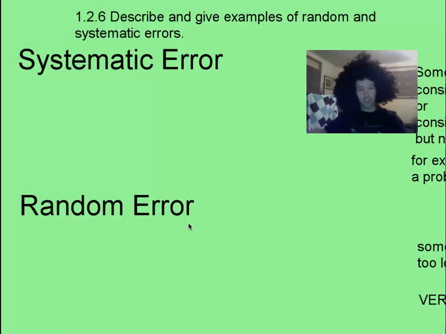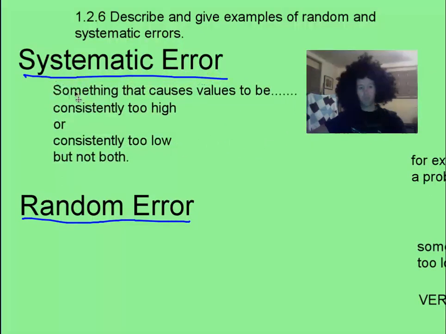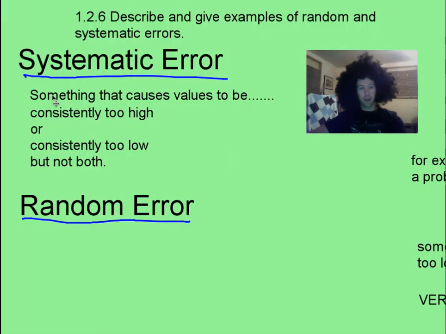As you take measurements in a lab situation, many of your measurements are going to be wrong. You're going to have what we call some systematic error, or you're going to have some random error. Now, the systematic error is going to be something that's going to make your values be often too high, or all of them too low, but you're not going to have them either too high or too low.